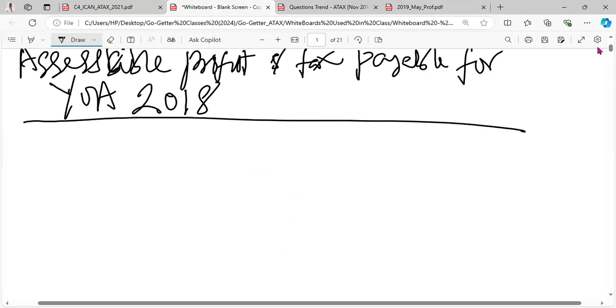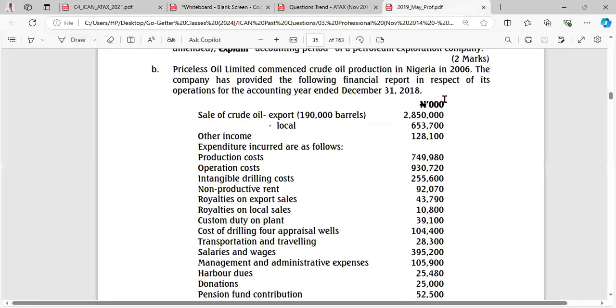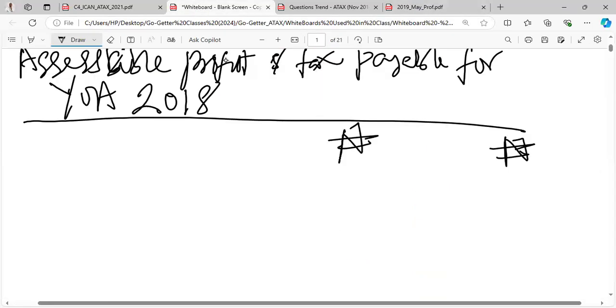The next thing to do is to put your Naira sign. Because they put 3 Naira signs here, we will join them and do it, because these could be very large figures.